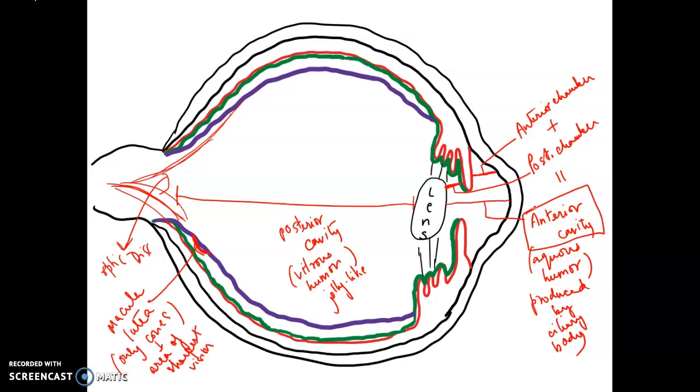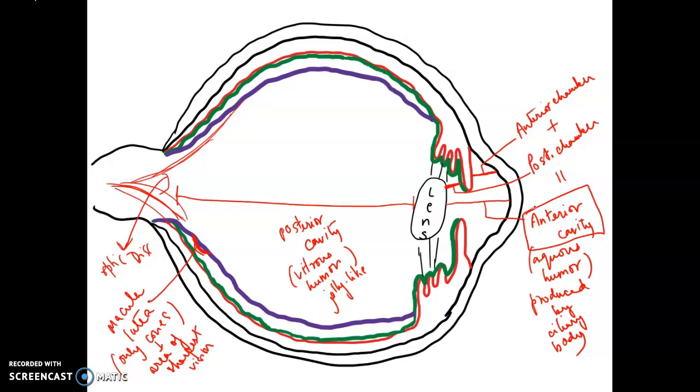So to review, lateral to the optic disc, there is a depressed region called macula lutea, which has only cones and no rods. This is the area of sharpest vision. The eyeball has two types of fluid. The anterior cavity, between the cornea and the lens, is filled with aqueous humor, which is very watery and produced by the ciliary body.